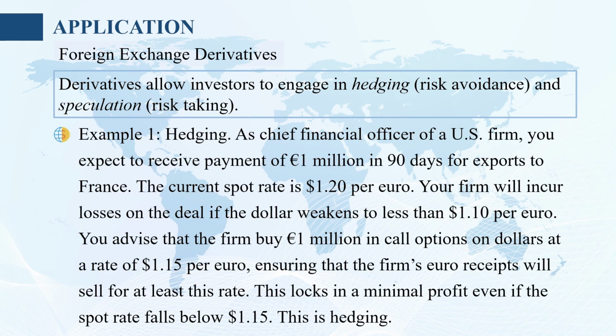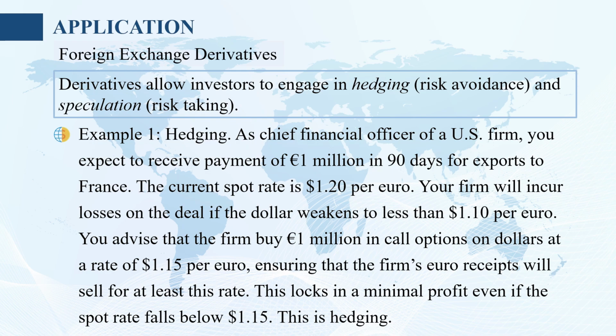So, hedging. For example, as chief financial officer of a US firm, you expect to receive payment of €1 million in 90 days for exports to France. The current spot rate is $1.2 per euro. Your firm will incur losses on the deal if the dollar strengthens to more than $1.1 per euro.